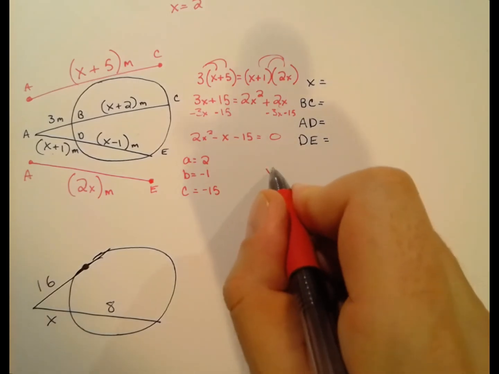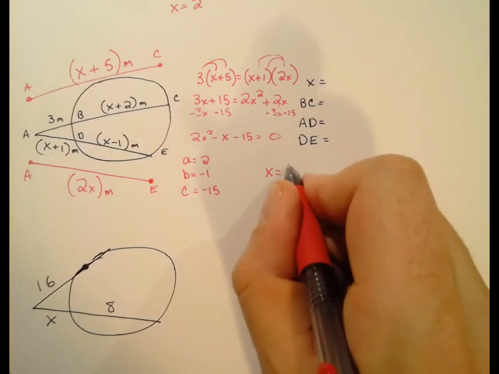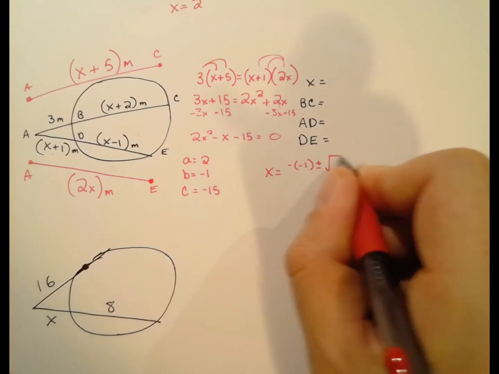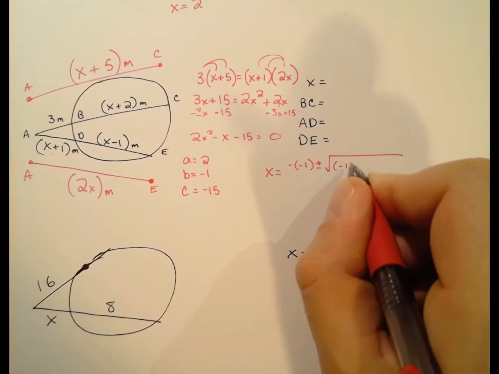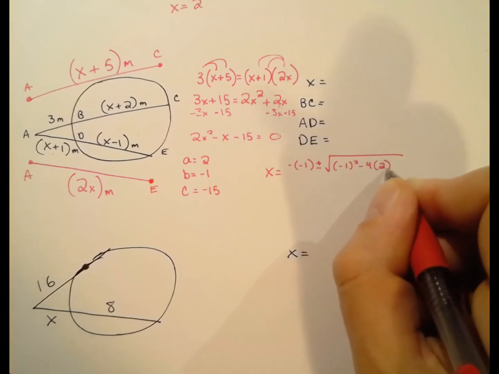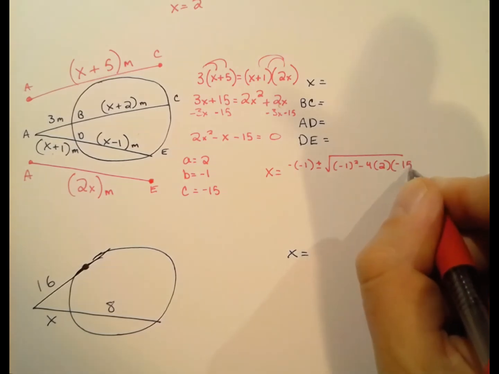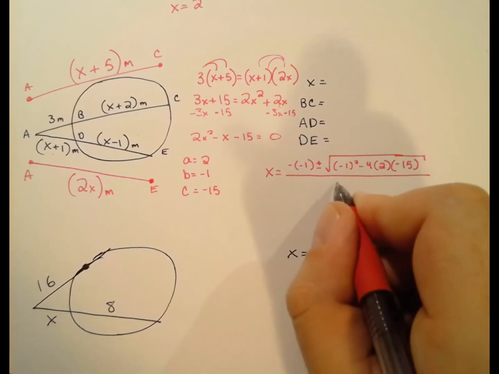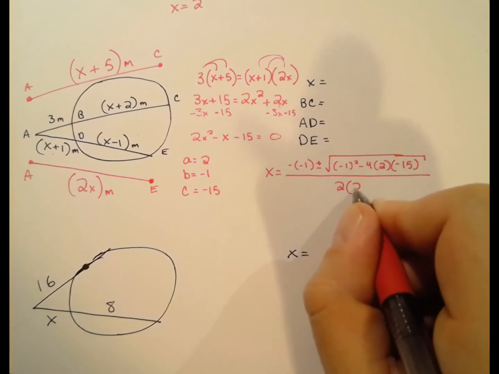Let's use the quadratic formula. Negative b plus or minus the square root of b squared minus 4ac all over 2a.